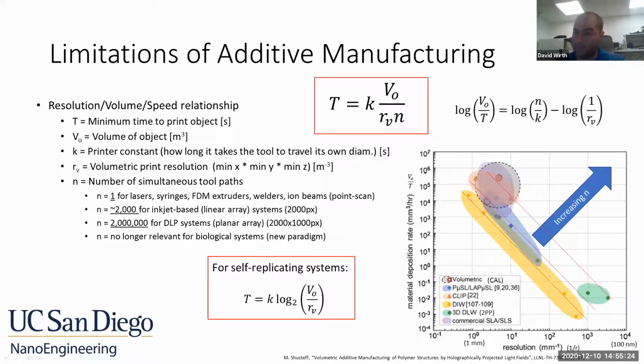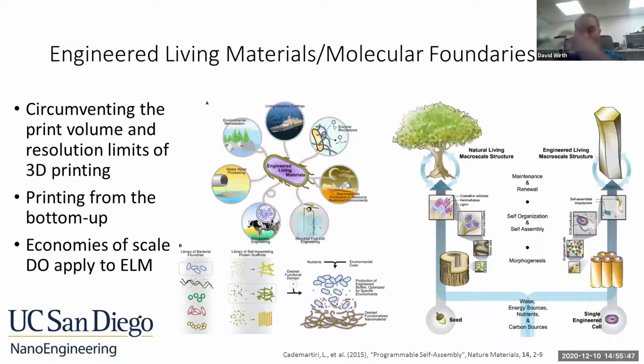So the way to circumvent this is either to print something that self-expands, or print something that self-replicates, right? Because then you go to a completely different paradigm. And the time to print an object is no longer limited by your simultaneous deposition paths, but the speed at which your systems self-replicate. Right? So the overarching name for this field is engineered living materials and molecular foundries, right?